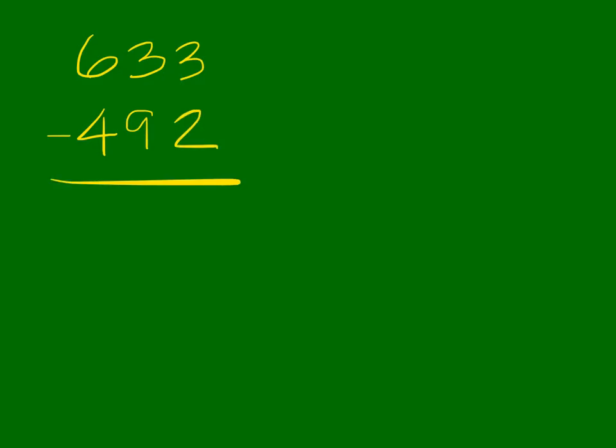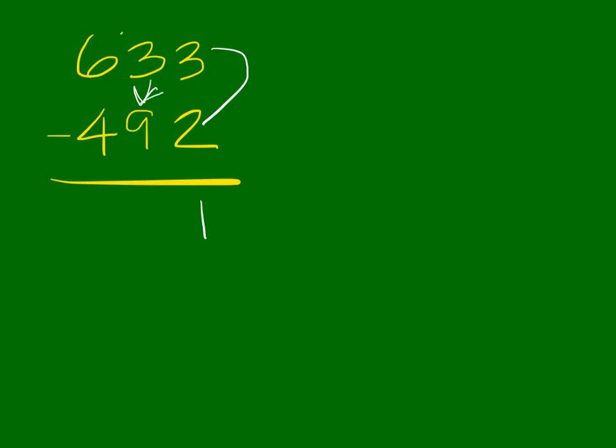Bring this problem up. Three minus 2 is 1. There's no need to borrow anything. But 3 minus 9, we can't do that.